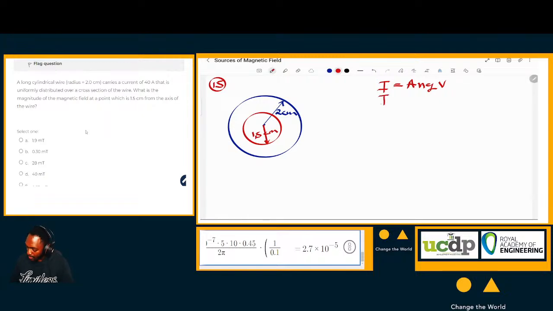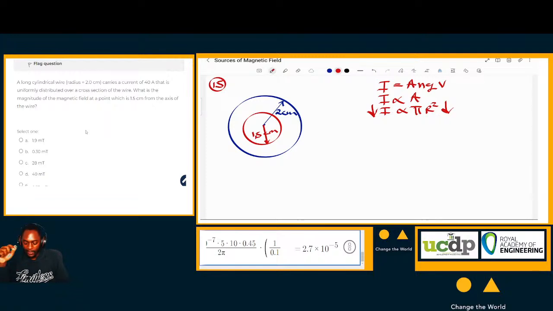So current is directly proportional to the area, which means your current is directly proportional to pi r squared. As you increase the radius, the current also increases. So as you decrease the radius, the current also decreases, which means the current at 1.5 should be lesser than 40 amps.